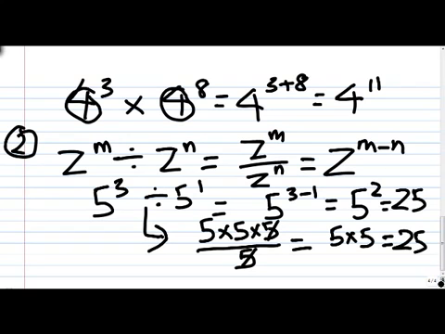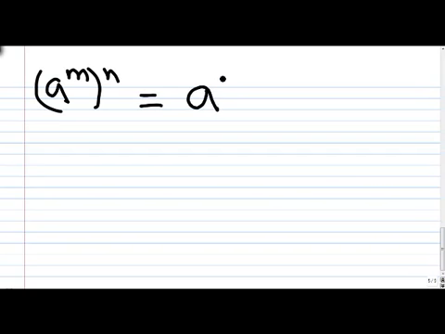Let's move on to the third and last formula. If you have a to the power m, bracket n, you can actually expand this to be a to the power of m times n.